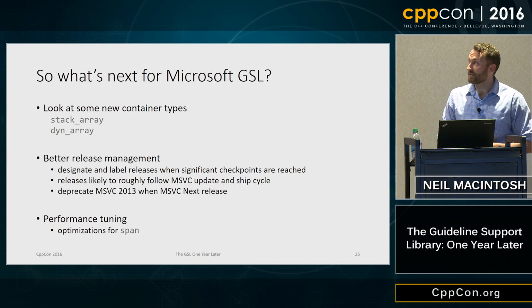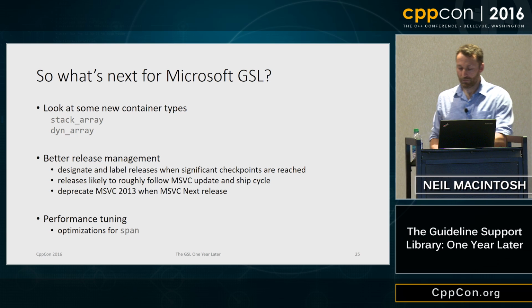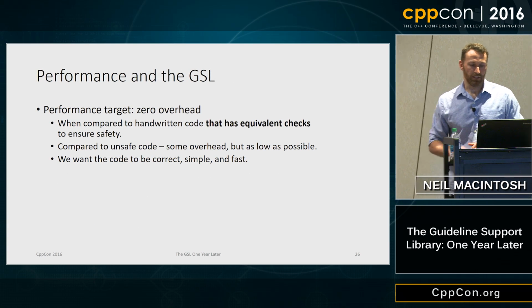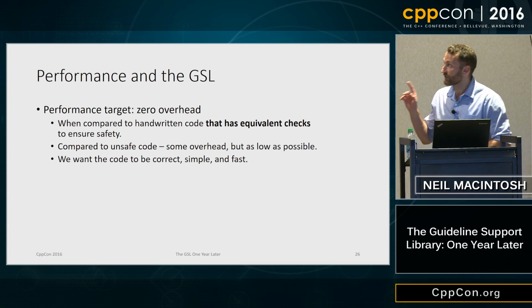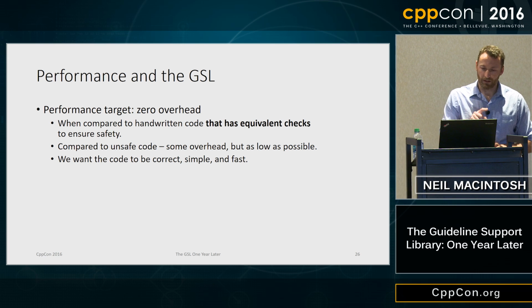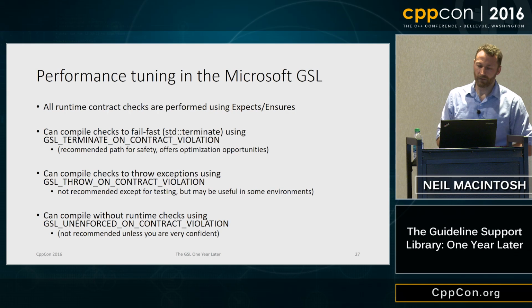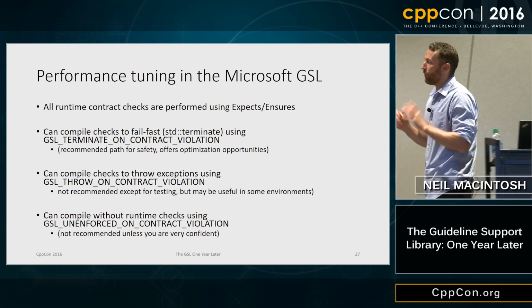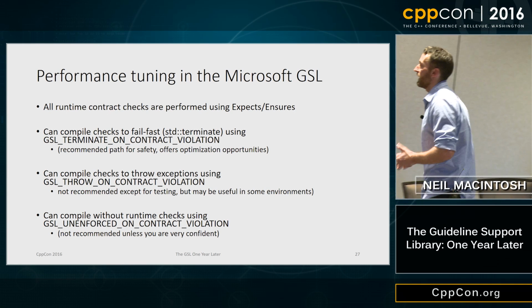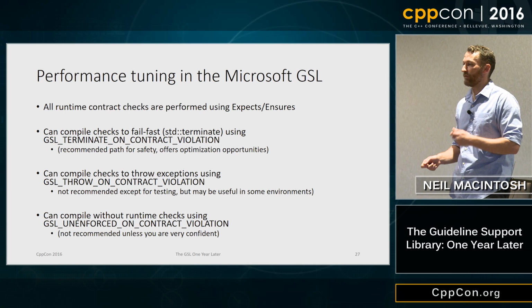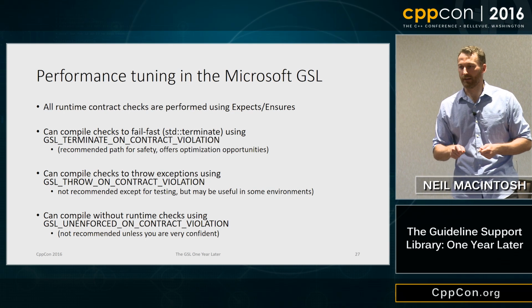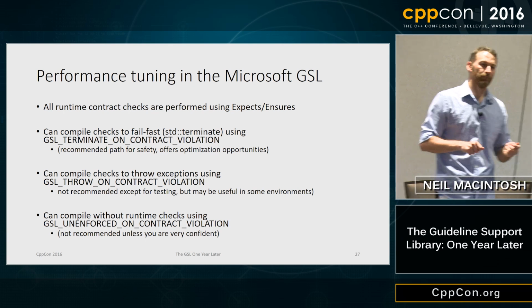And last but not least, we're going to do some performance tuning, specifically of span, in the next year. Just a quick reminder that the target was zero overhead for equivalent checks compared to handwritten code. You've got one big knob you can turn today in the GSL to manage performance, and that's how those contracts, Ensures and Expects, are evaluated.